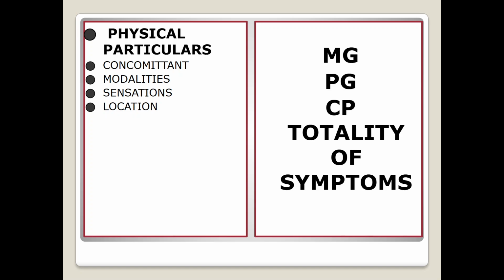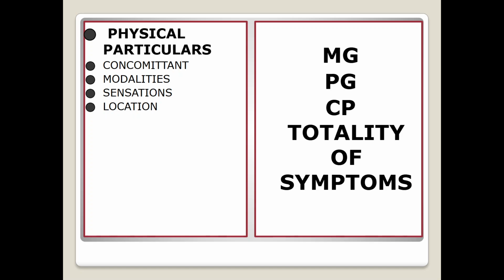Then aggravation, say staying alone or in the dark, that will be aggravation. And amelioration, say better by fanning, better by keeping windows open. And last we'll put location, say any system affected, respiratory, GIT, excretory.